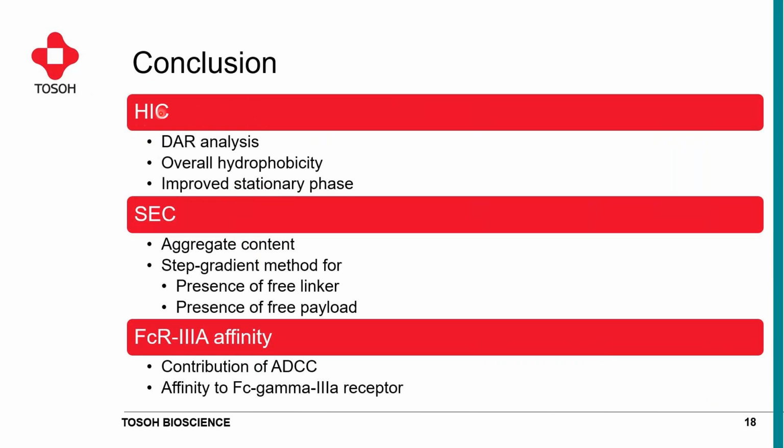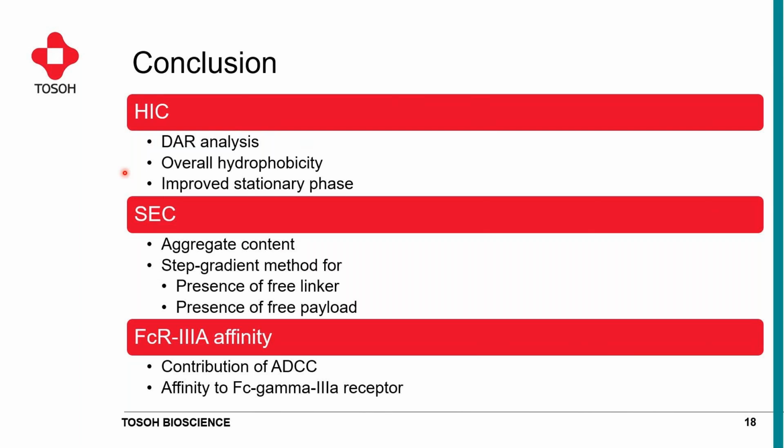So what we saw is that hydrophobic interaction chromatography, which is a conventional method to analyze drug-antibody ratios by separating by overall hydrophobicity of the molecules, there we meanwhile find improved stationary phases that allow for very fast analysis and also for better separation performance.